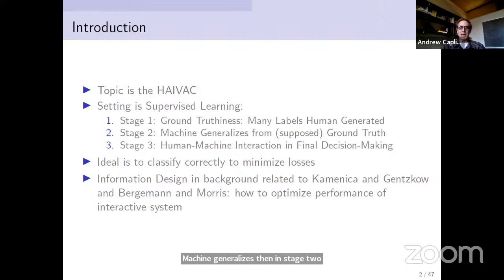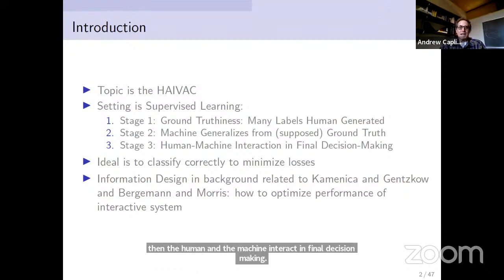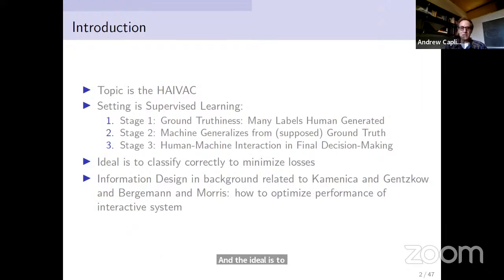And then the human and the machine interact in final decision making. The ideal is to classify instances correctly and minimize losses. This is a big area in which we're going to think about optimizing performance of an interactive system. That's where the big money will be.